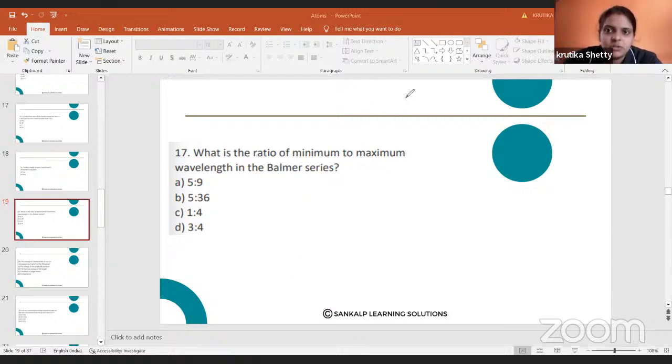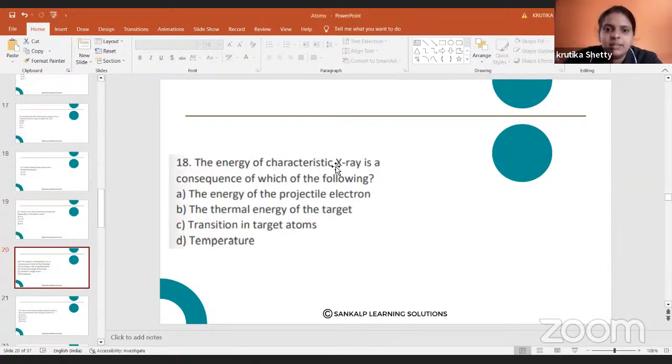The next question. The energy of characteristic X-ray is a consequence of which of the following? The energy of the projectile electron, the thermal energy of the target, transition in target atoms, or the temperature.